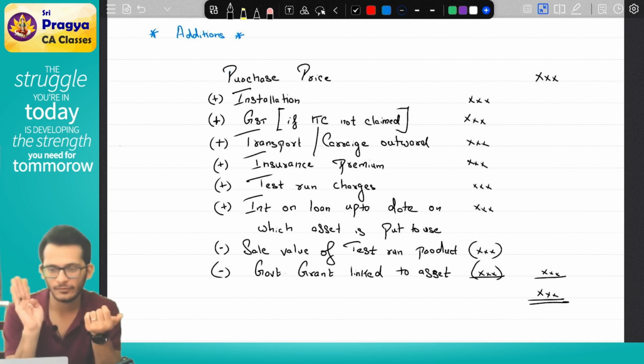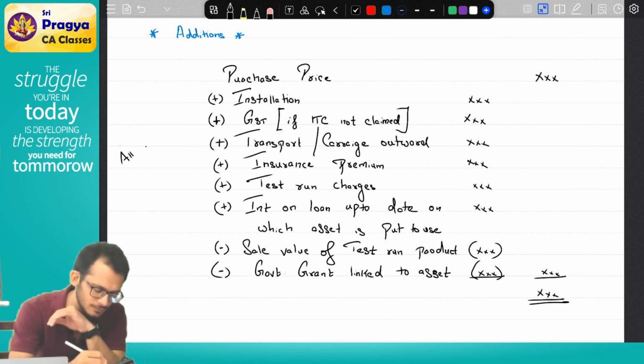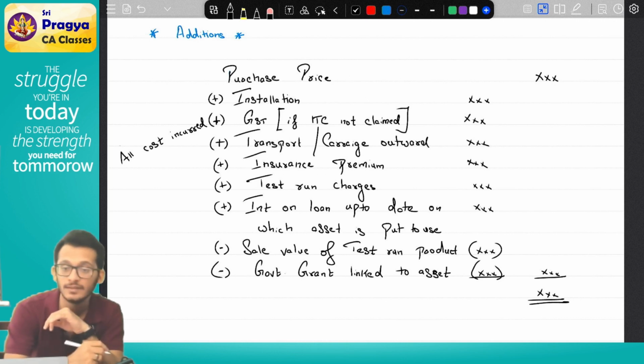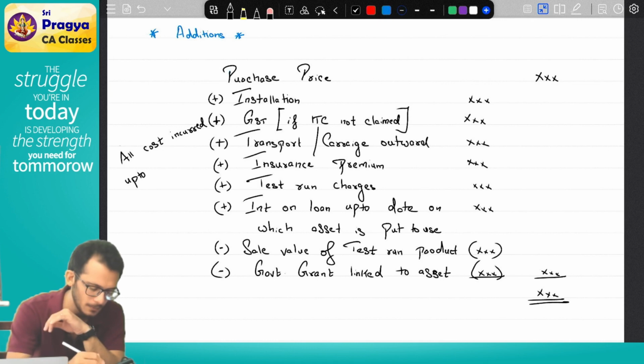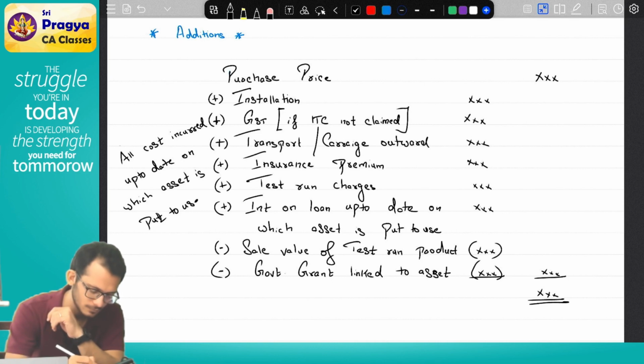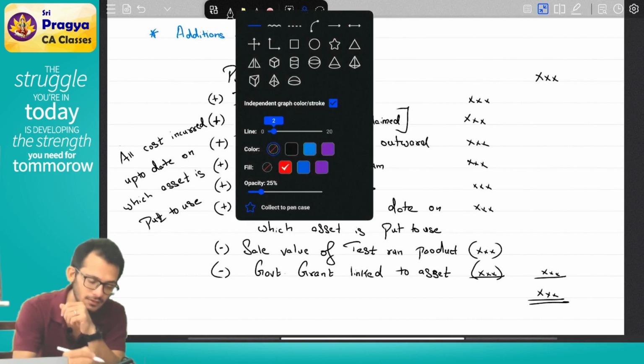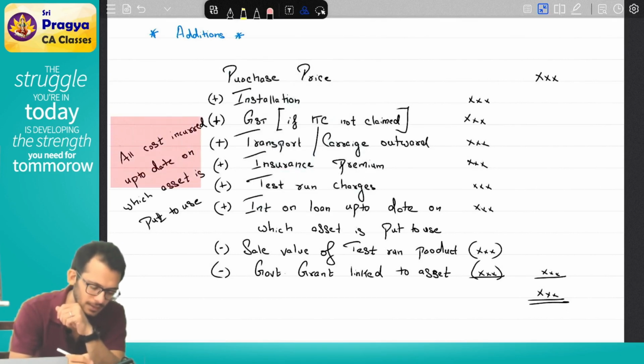In simple words, if I have to clarify this very clearly to you, all cost incurred up to the date on which the asset is put to use will be capitalized.